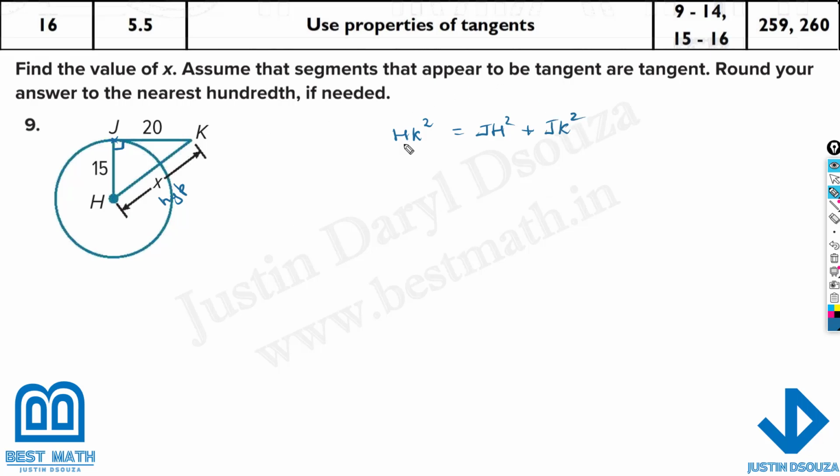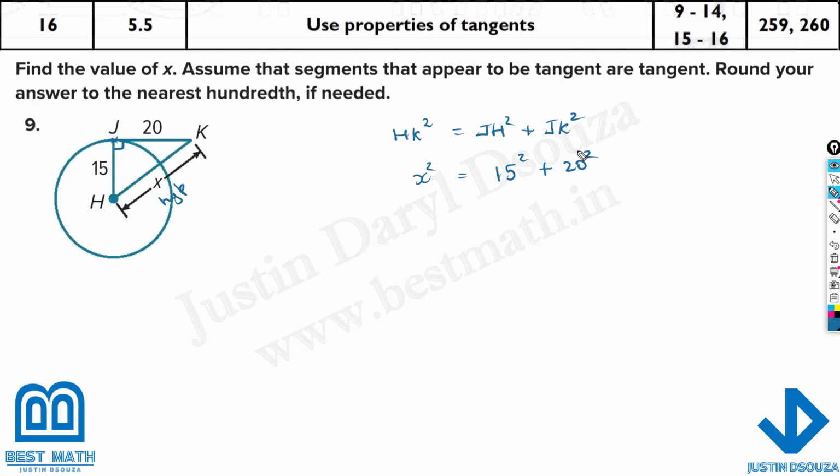This is the Pythagoras theorem: the square of the hypotenuse is the sum of squares of the other two sides. Now we substitute: x squared equals, what is JH? It is 15 squared plus JK, which is 20 squared.